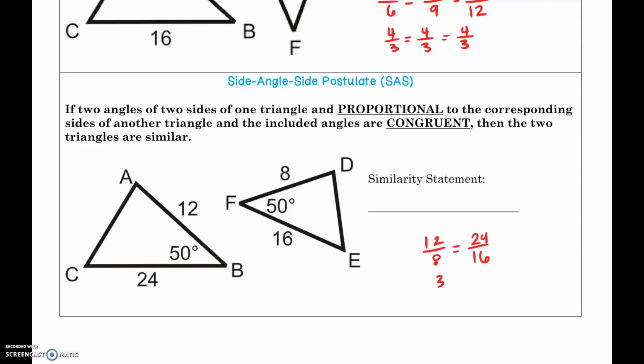They both reduce to 3/2, so they are similar, and the included angle both measure 50 degrees. So the side-angle-side postulate works here. Triangle ABC is similar to triangle DFE. Order matters.